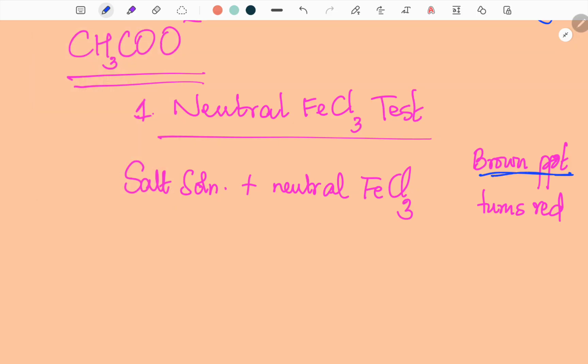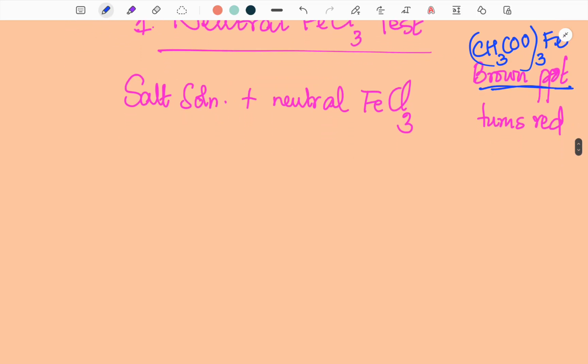And the brown precipitate is nothing but ferric acetate, (CH3COO)3Fe, and that is the brown precipitate which turns red. Sometimes you may not see that it turns red. So even if you just get a brown precipitate, it indicates that ferric acetate is formed and your ion is confirmed to be acetate.